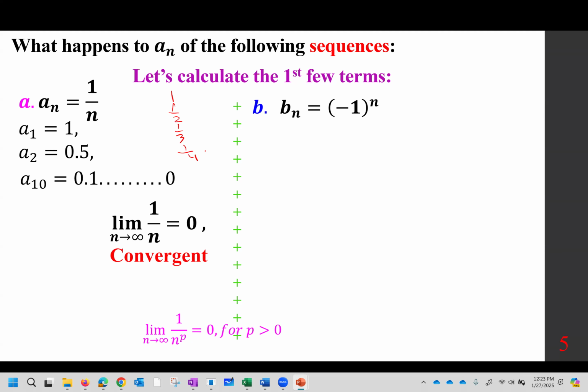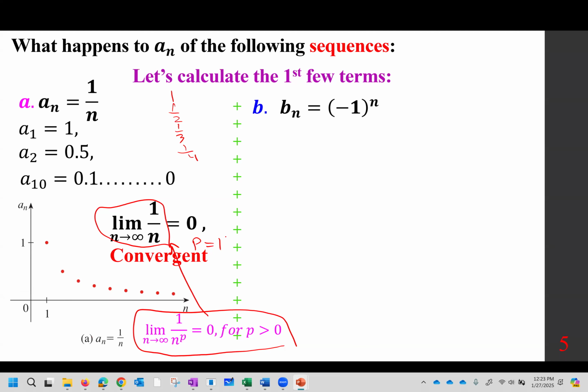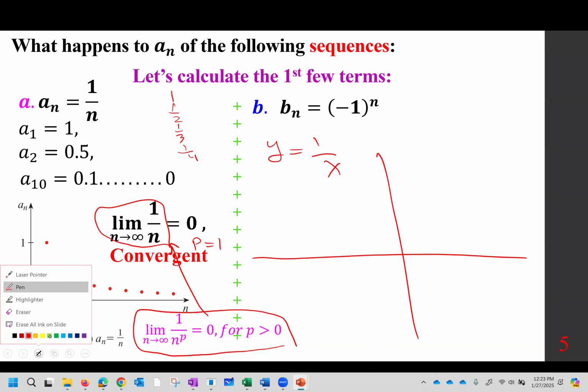Reminding you of this, I hope everybody can see that in this case, p is 1. Okay, everybody? If you were to graph it, it looks like this. Also, I want to remind you of the function y equals 1 over x. That's what you dealt with in algebra as far as the graph of this function.